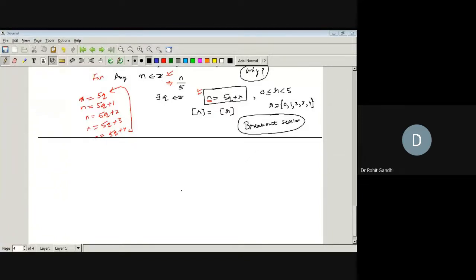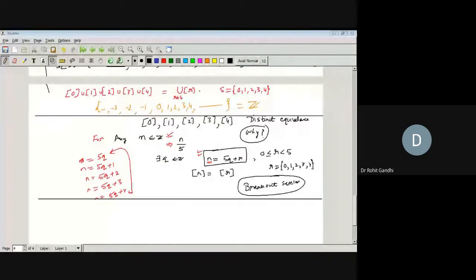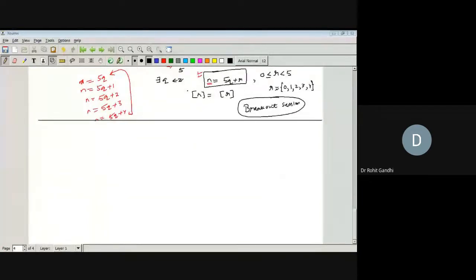We can prove this just like we prove that two sets A and B are equal: the union of R, where R belongs to S over 0, 1, 2, 3, 4, is nothing but the set of integers. We prove this by showing they are subsets of each other. Similarly, we talked about 5, and in the same way you can talk about N.